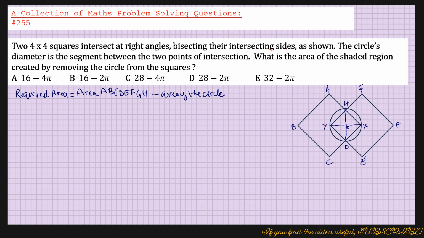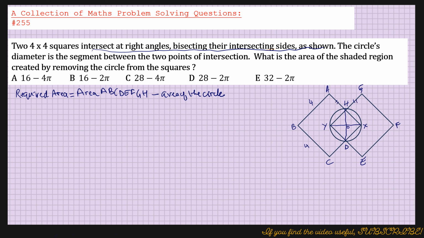So now we'll see how to get there. We know the sides of the square they've given us is 4. It's a 4x4 square, and these two squares intersect at right angles, bisecting the intersecting sides as shown. So it's all equal everywhere.